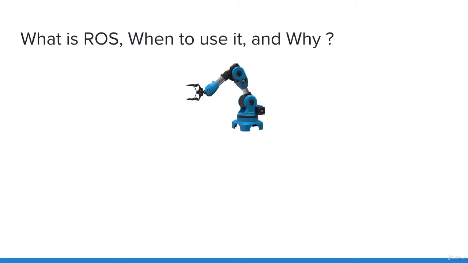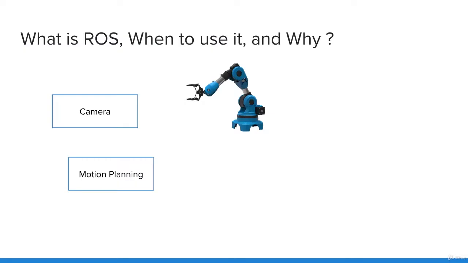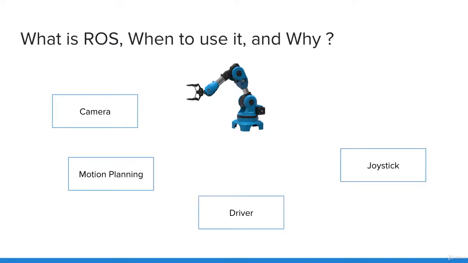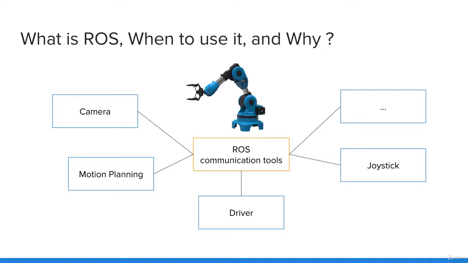Let's say that you are programming a robotic arm. You can create a subprogram called node for your camera, another for the motion planning, another one for the hardware driver, another for joystick, and so on. And each of those independent blocks will communicate between each other in a way that is powerful and scalable.